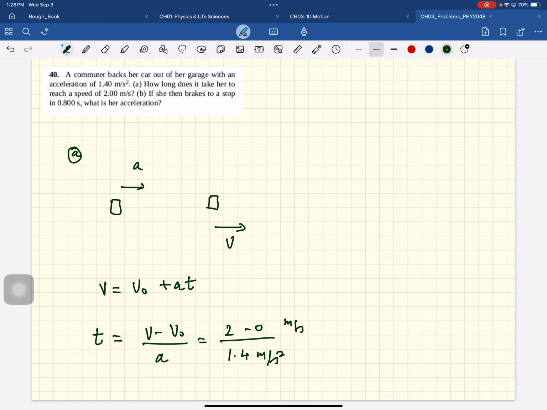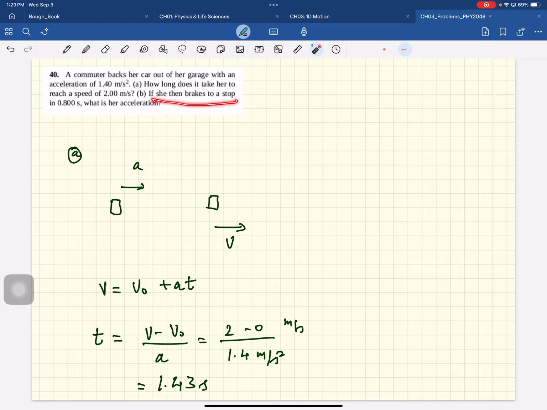So this is equal to 1.43 seconds. Okay. So it takes her 1.43 seconds to reach that speed.